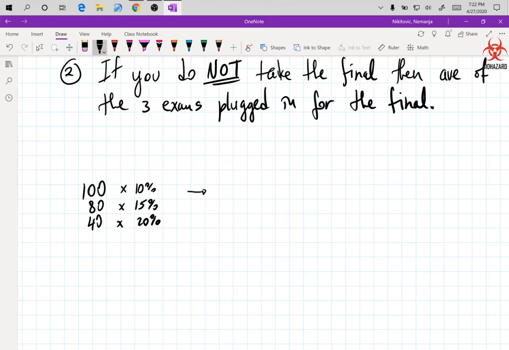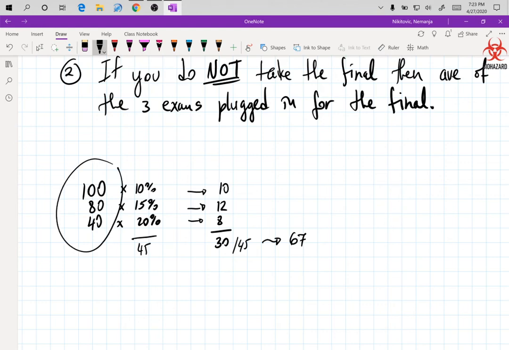So from here, you are getting a 10. From here, you are getting, what's half of 40? 12. And 20%, so you're getting an 8. From this one for a total of 30. But the amount of points was 45. So that's 30 out of 45. So the average works out to be 66.6, so 67, because it will be rounded.